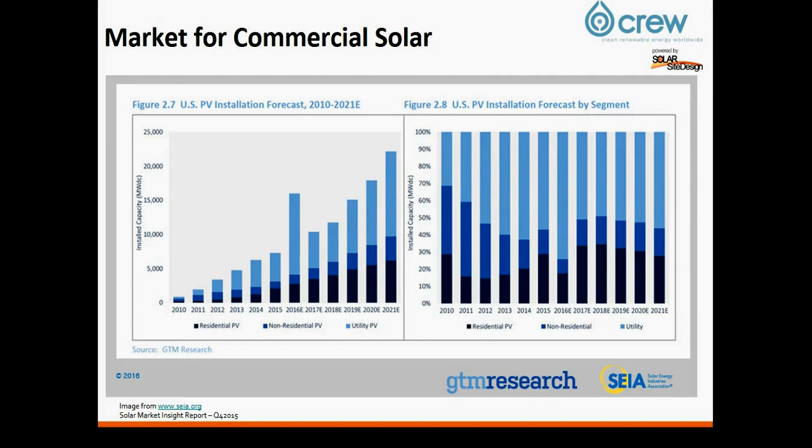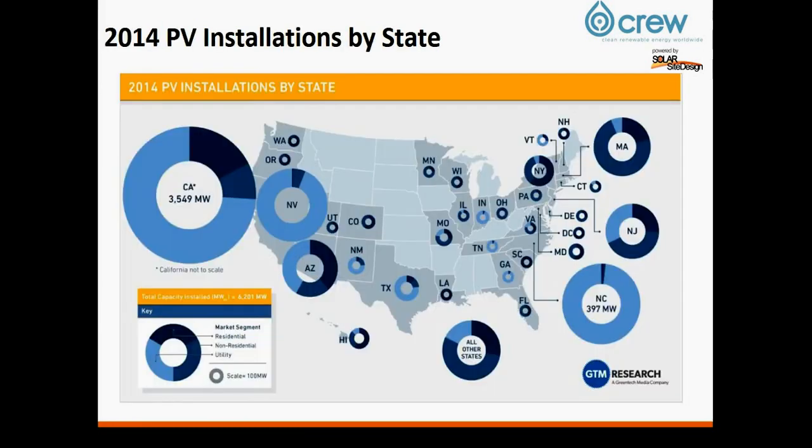You'll notice the non-residential again is marked by the dark blue color, that middle blue color. We want to point out where most of the solar installations are happening across the country. You could call these the so-called hot solar markets, where the majority of the installations happened in 2014.